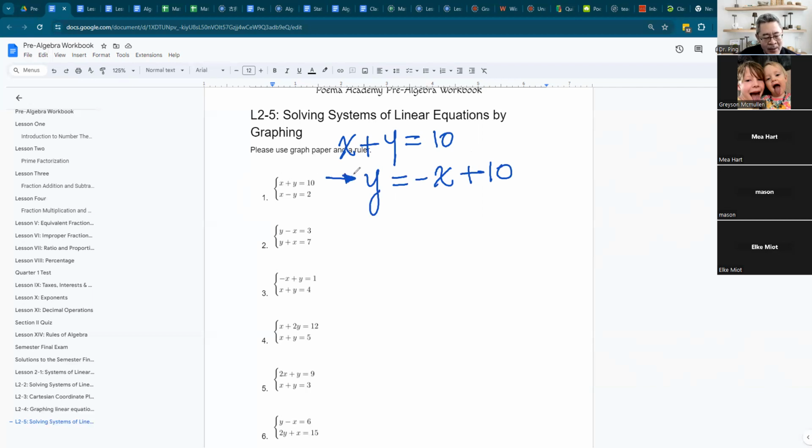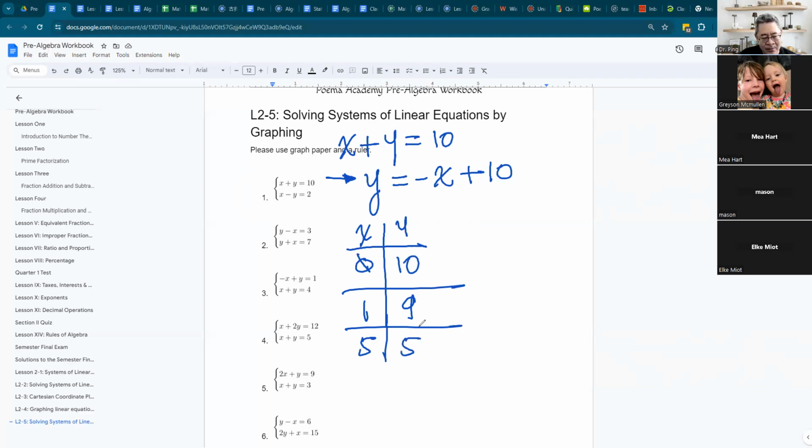The reason we do that is because earlier we used this form. So in this case now, if I put X is 0, then Y is 10. If I put X is 1, then I got 9. Or you can put X is 5, then negative 5 plus 10 is 5. So it doesn't matter how you got 2 points. What matters is you got 2 points.